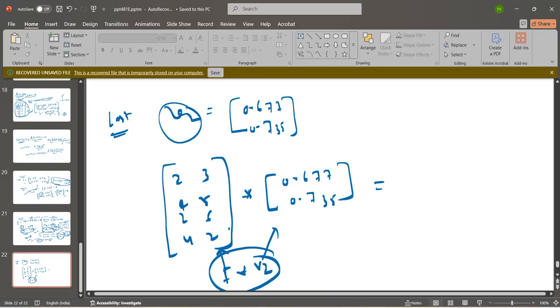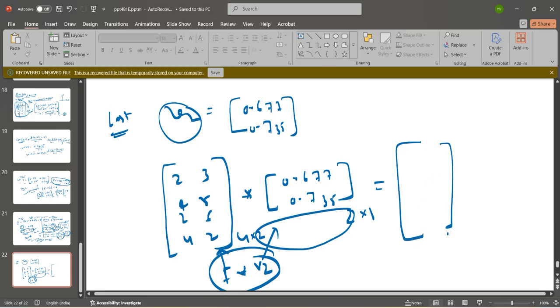If you do this multiplication, this is simply 4 cross 2, 4 rows and 2 columns. This is 2 rows and 1 column. So these two are compatible, right? I can do multiplication, right? The updated value we get is 4 rows and 1 column. So 2 times this plus 3 times this, you will get one value, right?